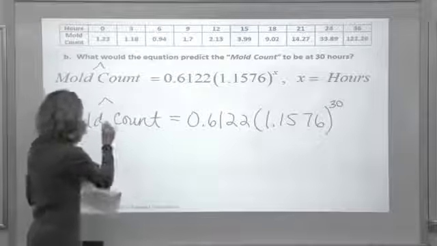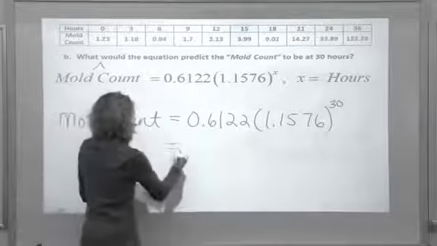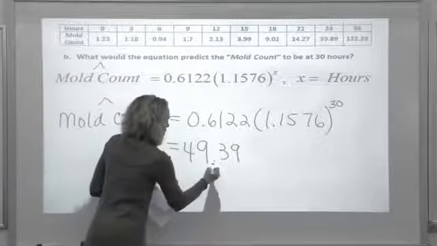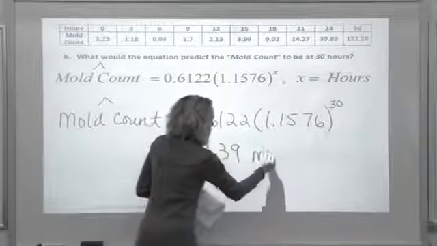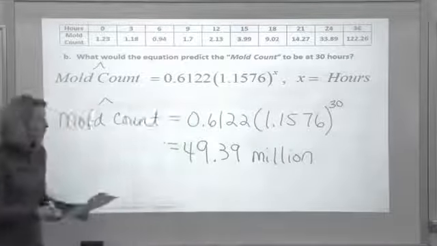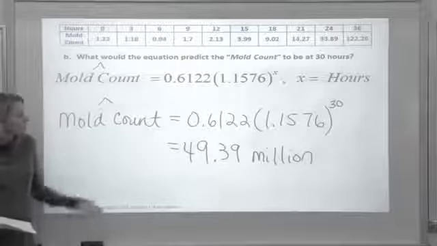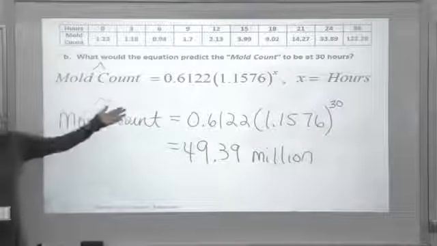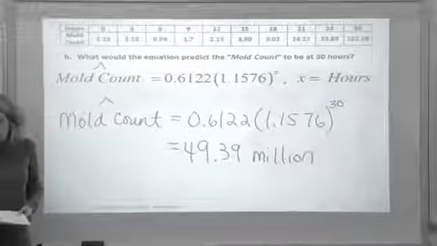And if you type that in, mold count again was in millions, we would get 49.39 million. And we could have done that for any value, really, any number of hours between 0 and, say, 36-ish.